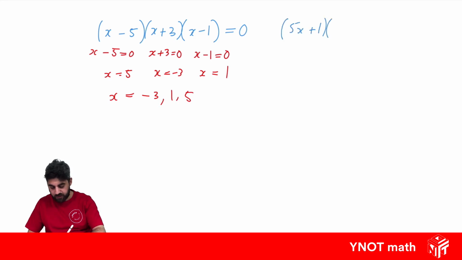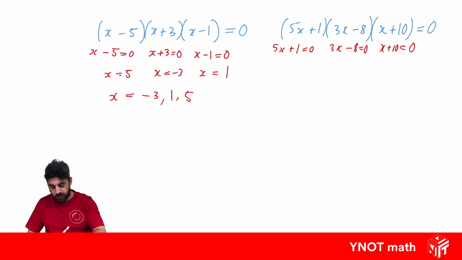So let's look at (5x plus 1)(3x minus 8)(x plus 10) equals 0. Solving each one of these factors for 0 is going to give us our solutions to this polynomial.